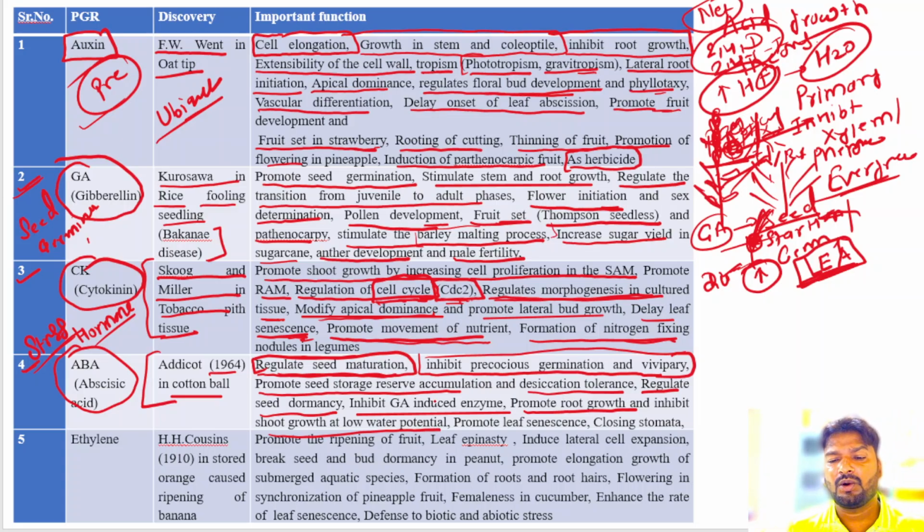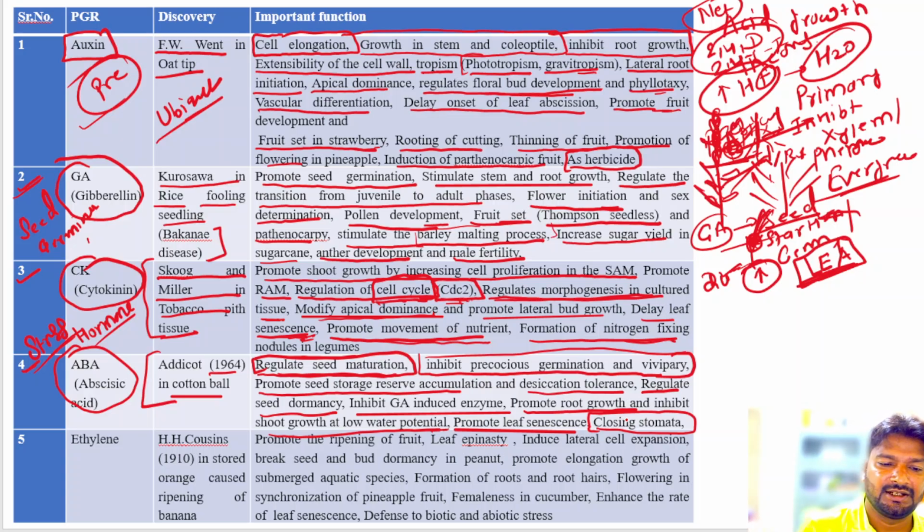Means under drought stress, this abscisic acid promote the root growth and inhibit the shoot growth. क्यों? क्योंकि आपका जब रूट ग्रोथ ज़्यादा होगा तो जो नीचे की डेप्थ है, नीचे की सोइल है, उससे पानी आपको मीन्स वाटर माइनिंग इम्प्रूव करता है. This promote the leaf senescence while cytokinin delay the senescence, and also closing the stomata under the water stress. So these are the important functions of the abscisic acid.